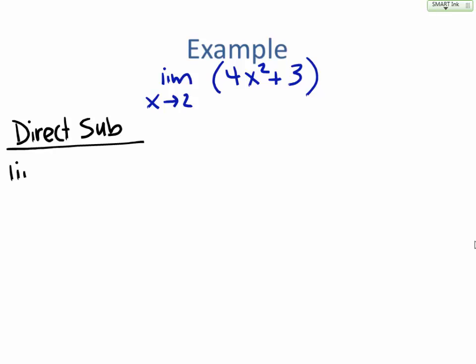So I can say the limit as x approaches 2 of my function 4x squared plus 3 is simply equal to the value at c. So 4 times 2 squared plus 3, which is equal to 19.